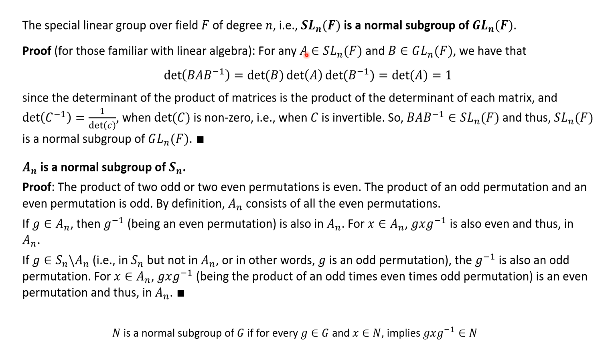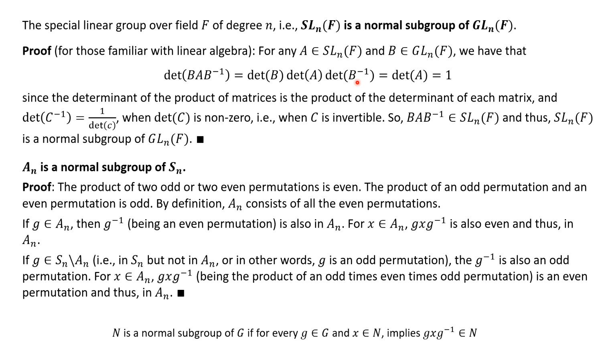So we take any A, an element of our special linear group, and any B, an element of our general linear group, and then we take B A B inverse, and we take the determinant of that. The determinant of a product of matrices is just the product of the determinants, this here. But we also know that the determinant of any matrix equals 1 over the determinant of its inverse.